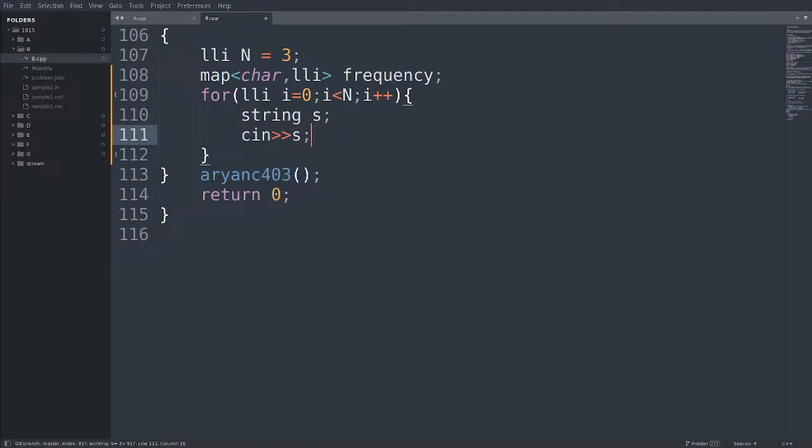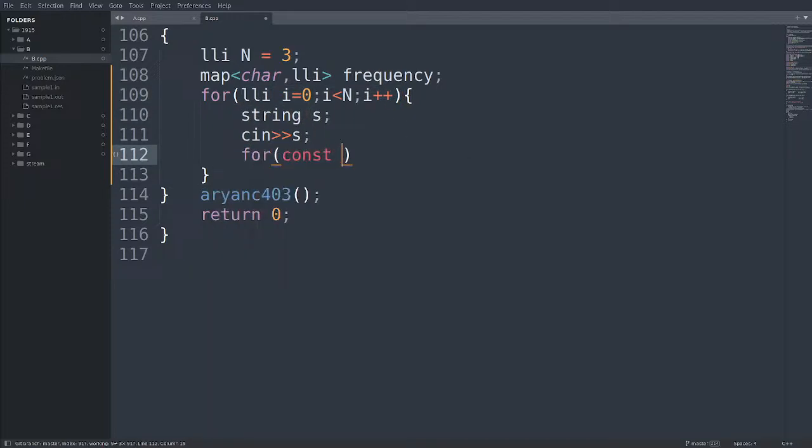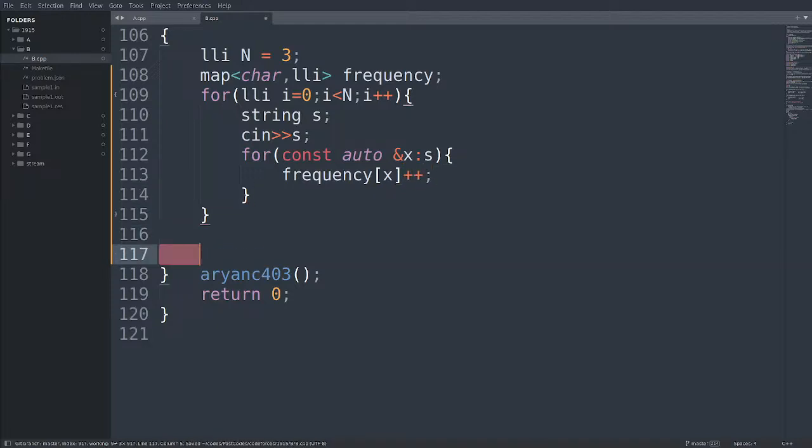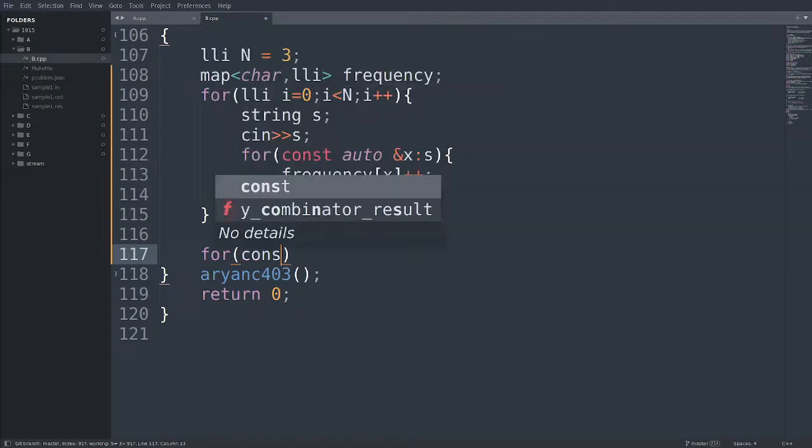We know that there are 3 strings for each test case, so we run a for loop 3 times and read the input in a string, and then we can create a frequency map. Once we have created this frequency map, we can iterate on it.